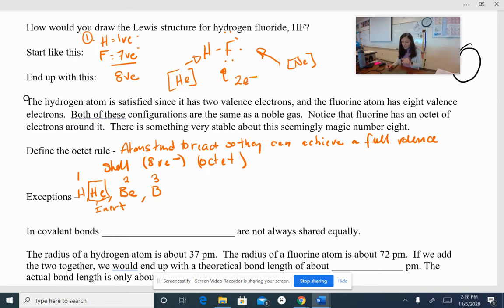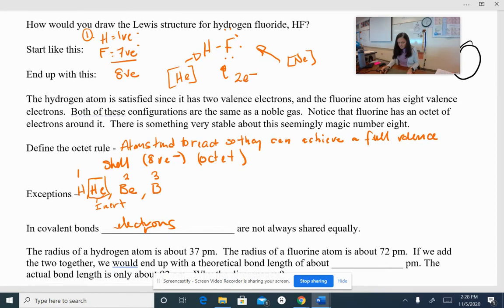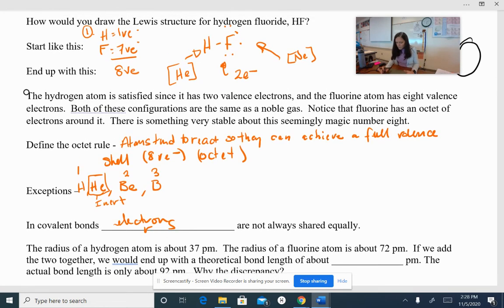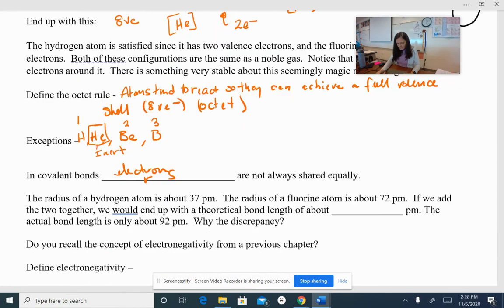Okay? So in covalent bonds, you know what? The electrons aren't always shared evenly. So the electrons are not always shared equally. Okay? So think about when you are playing tug of war. Do you always get an equal pull if you're playing tug of war with somebody? Let's think about it this way.